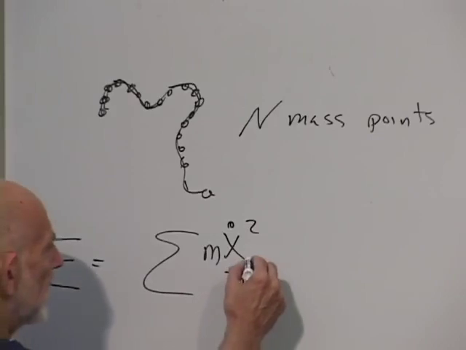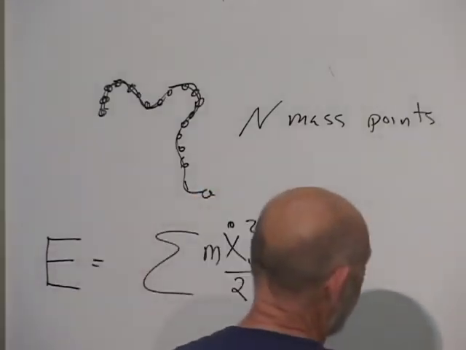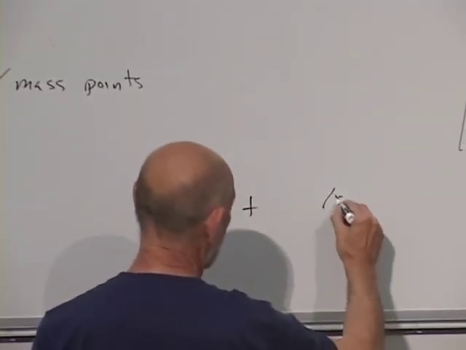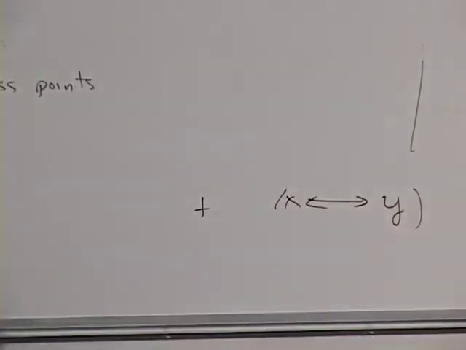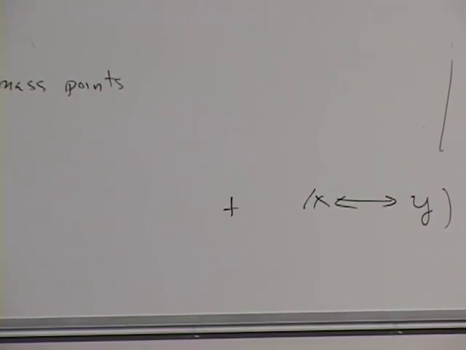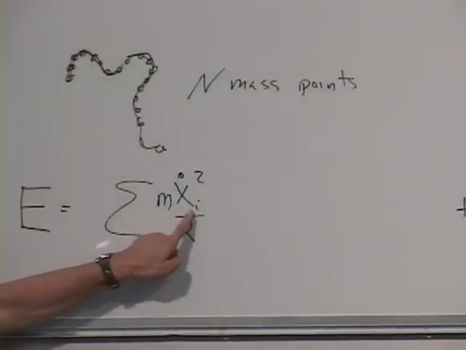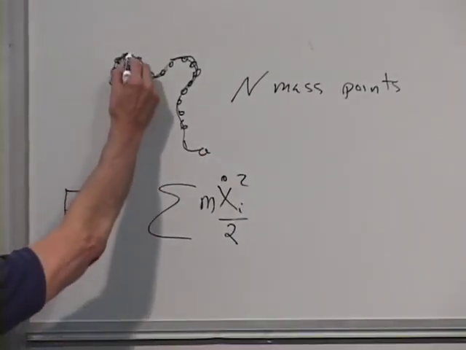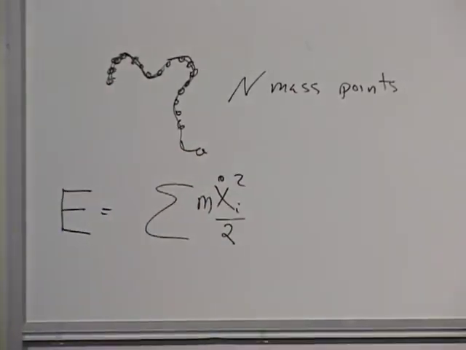This is the ith spring. And when I write x here, you have to add in also y, every place I write x. There are 2 directions that everything can move in, and I'll call them x and y. I here does not stand for x and y. It stands for which particle along here we're talking about. Same thing, plus m y dot squared over 2.